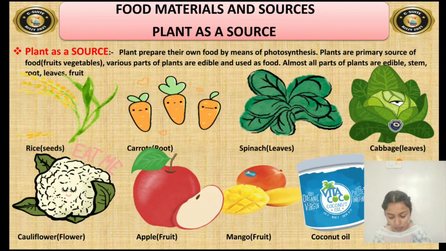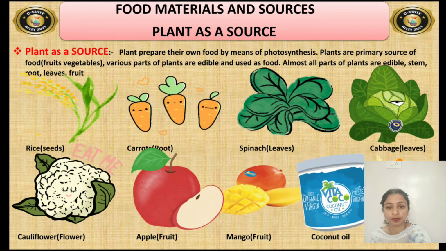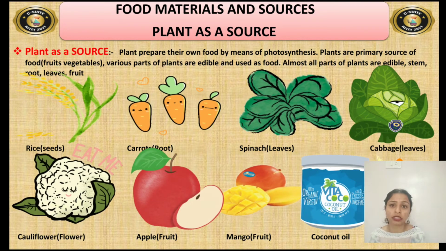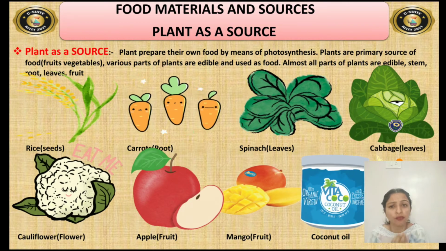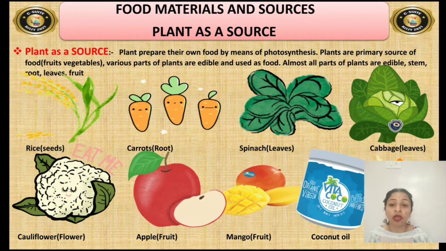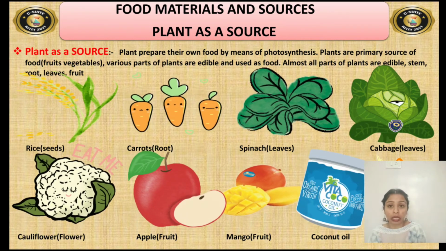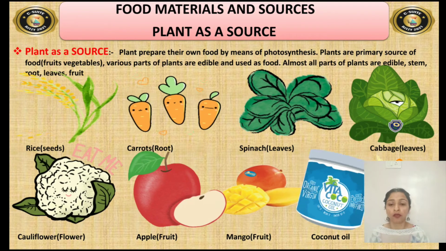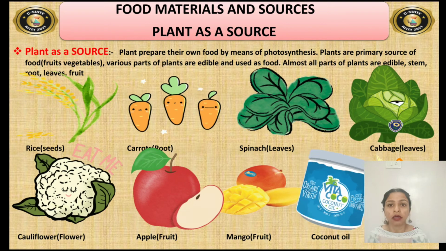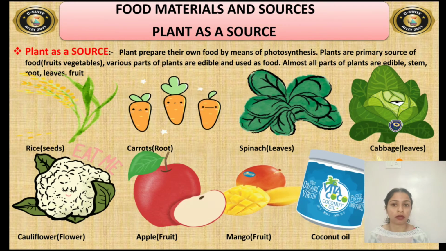So one important thing that I want to tell you about spices is that spices do not just add flavor to your food item or dish, but they have medicinal properties also. Like turmeric is good if you have any internal bleeding or any injury. It is an excellent healer.